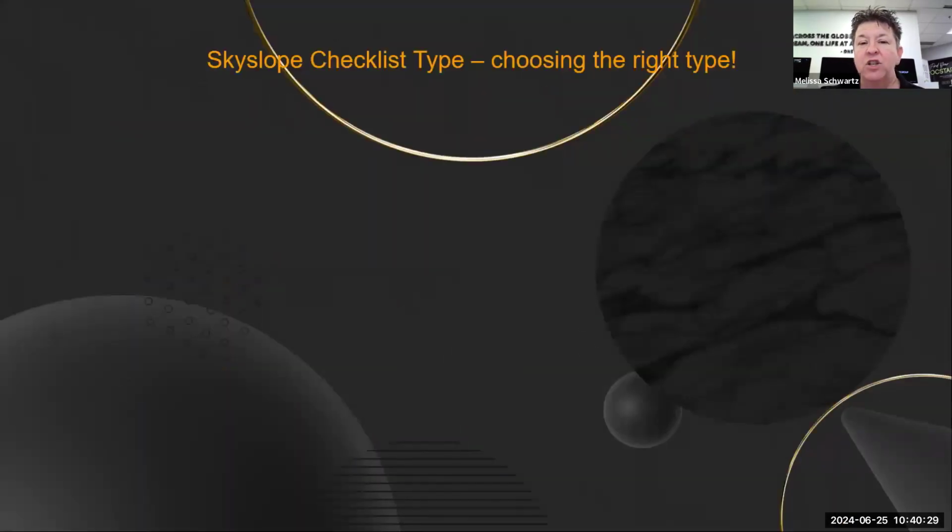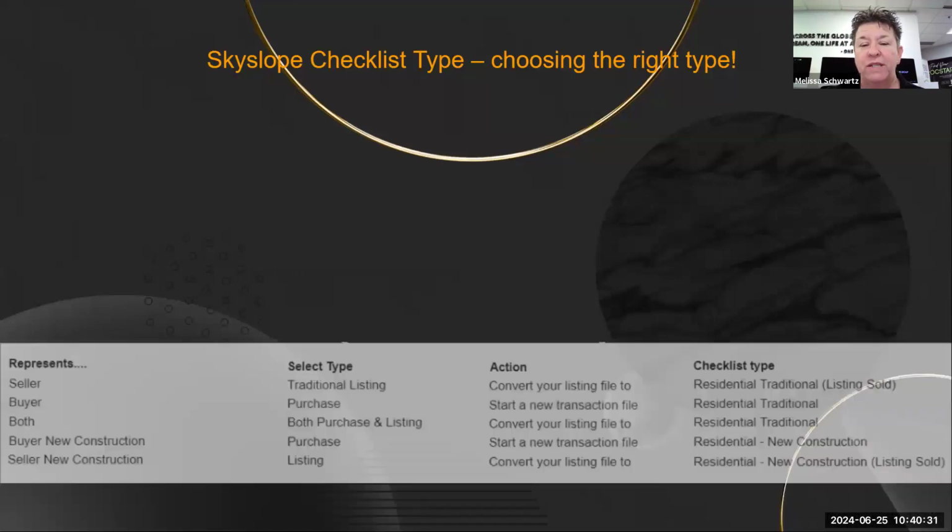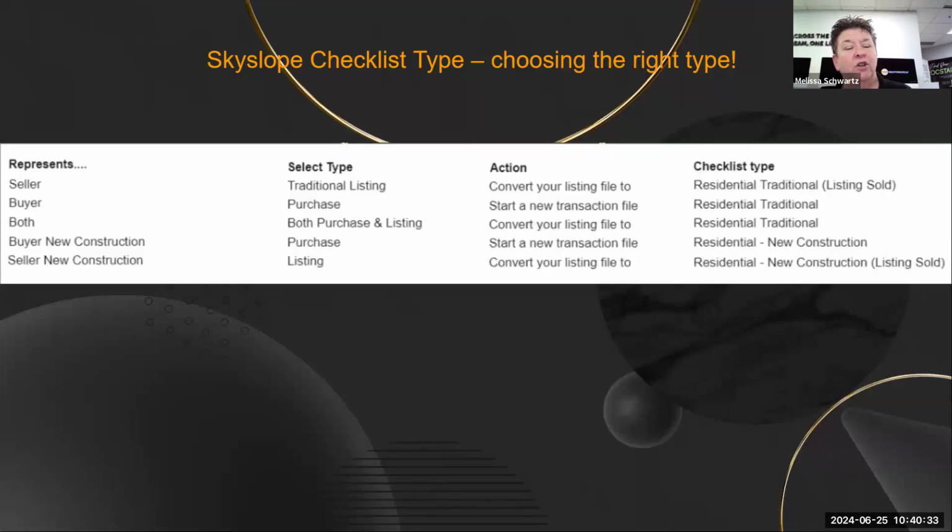Okay, SkySlope checklist type, choosing the right type. I'm going to give you a little treat here. This is one of our forms that we use when we're trying to figure out which type of checklist you are needing in SkySlope.